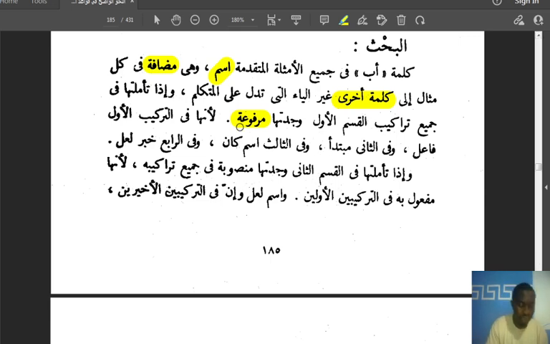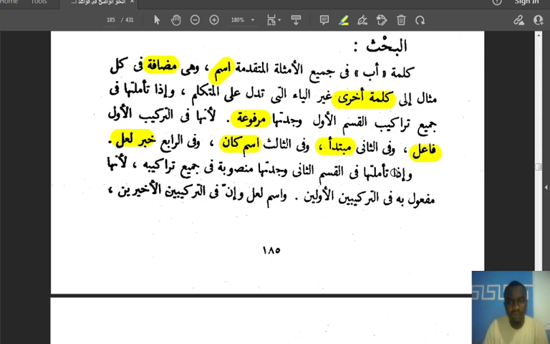All of them came as marfu' in the first part, لأنها في التركيب الأول فاعل, because in the first example it is فاعل. وفي الثاني مبتدأ, as I've clearly explained. وفي الثالث اسم كان, and in the third example is اسم كان. وفي الرابع خبر لعل, and it comes as خبر لعل in the fourth example. So first one it was fa'il, second mubtada, third it was ismu kana, and fourth it came as خبر لعل. And all these positions are raf' positions. That's why we have it coming as marfu'.